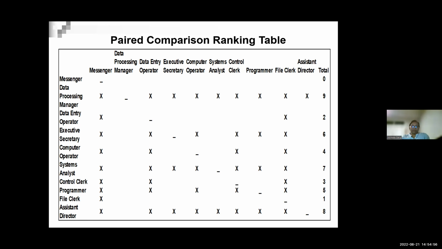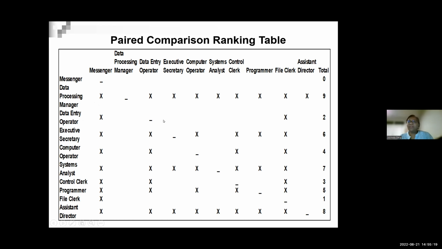So the compensation committee takes the list of these jobs and then compares them with the rest of the jobs. And how do they compare? They start putting a cross mark for the jobs which is higher. Like, for example, we'll just take this job, data entry operator higher than messenger, a cross mark.